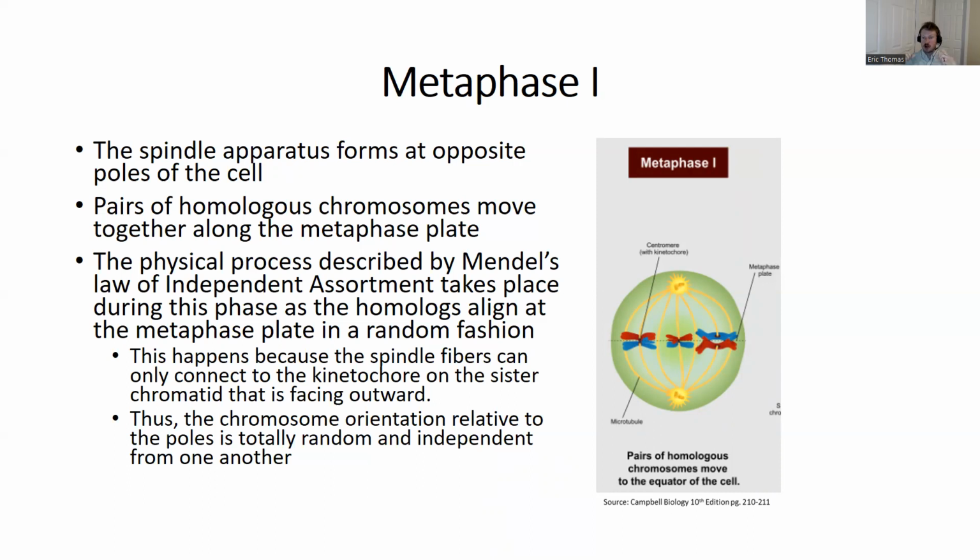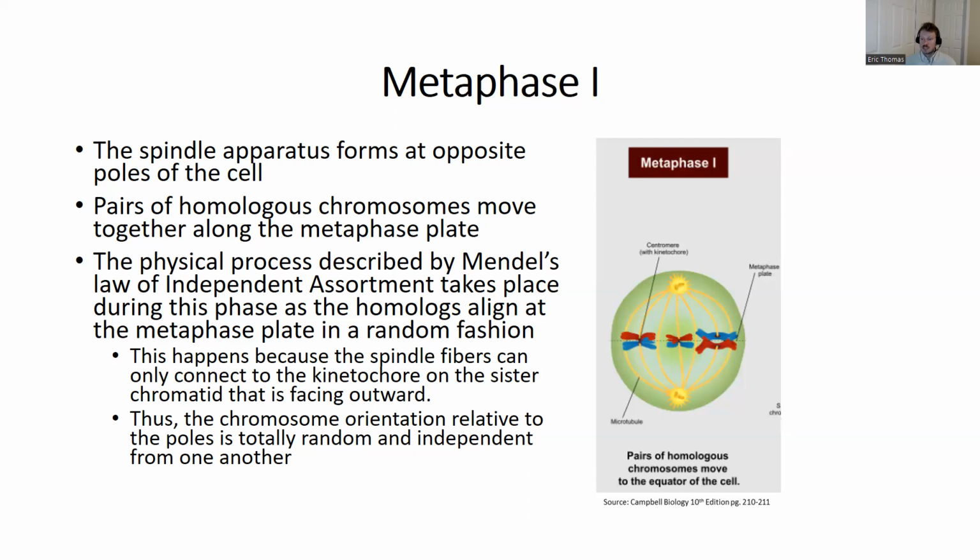And all of these paired up chromosomes that have now gone through recombination and crossing over are going to line up along the metaphase plate in a random fashion, in fact. And as I state here, this is described by Mendel's law of independent assortment. It's all happening randomly.